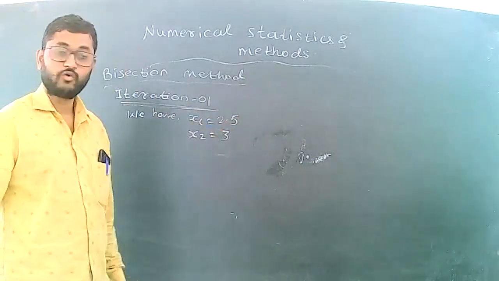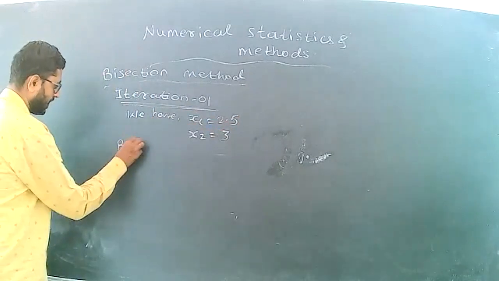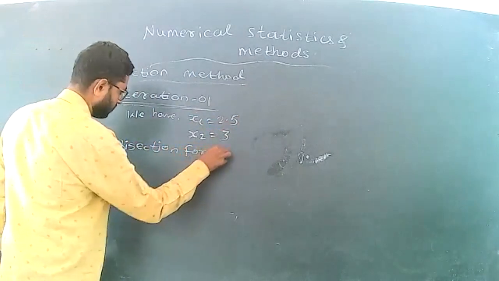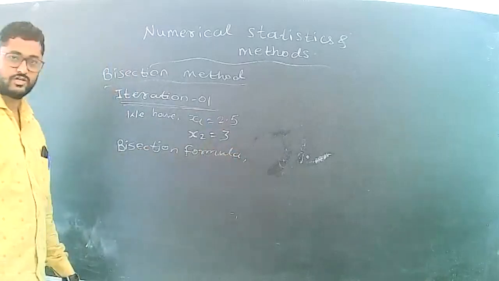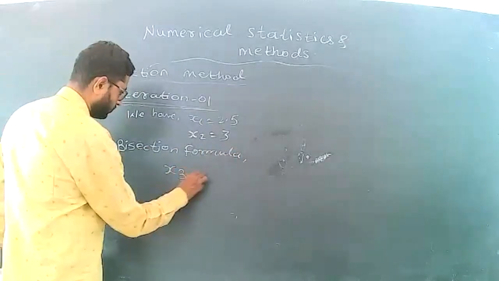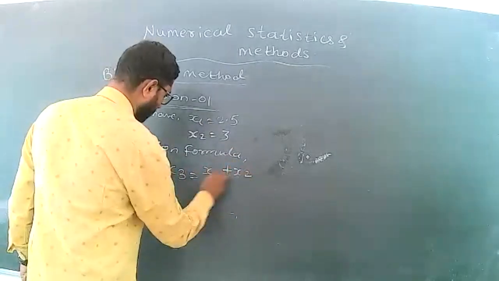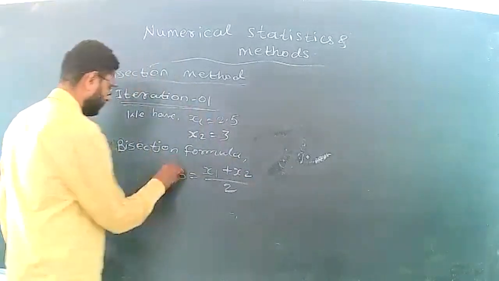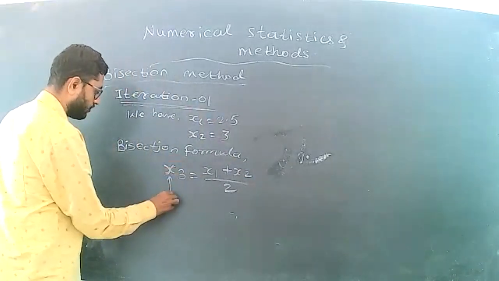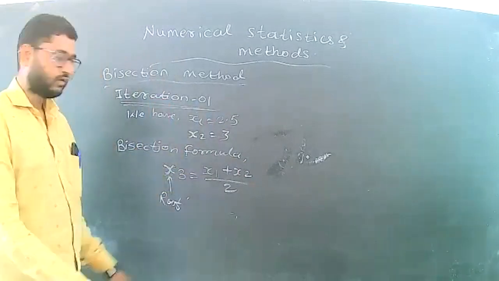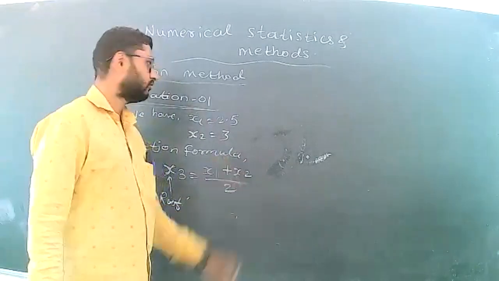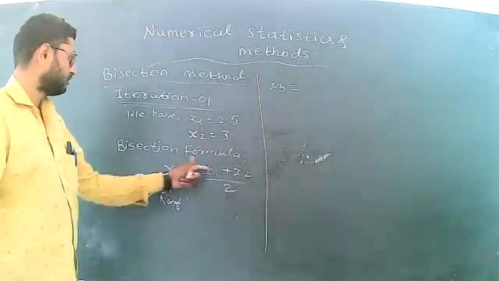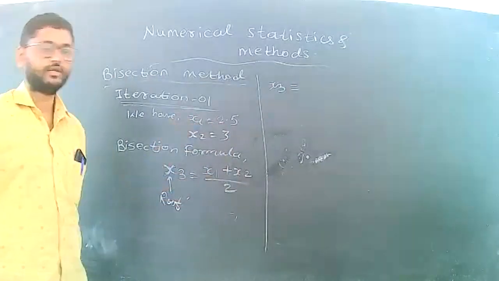But what is the bisection formula? The bisection formula is x3 equal to x1 plus x2 upon 2, where x3 is the root of the equation. Here x1 is known, 2.5, and x2 is also known, 3.